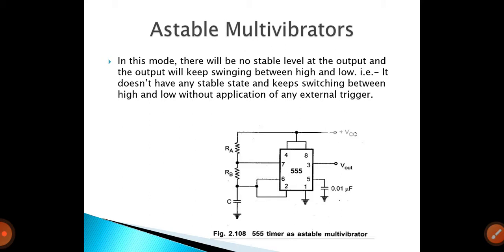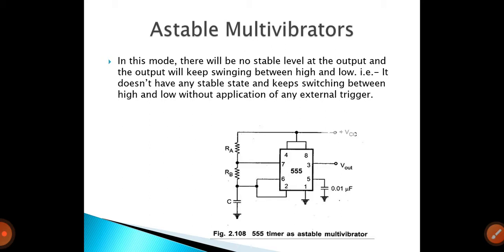In this mode, there will be no stable level at the output, and the output will keep swinging between high and low. That is, it does not have any stable state and keeps switching between high and low without application of any external trigger.